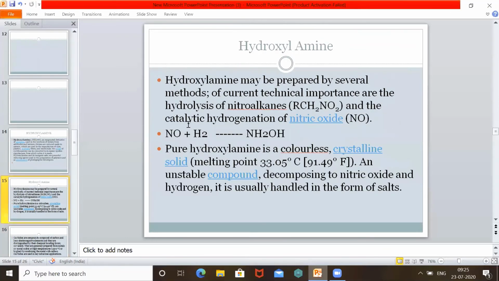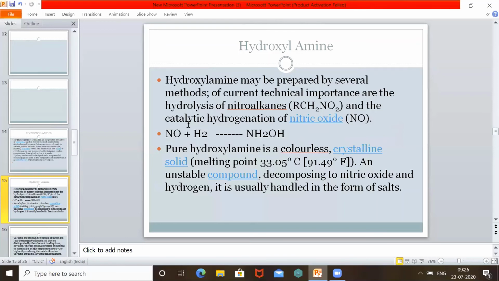So in today's class and today's presentation, you have to remember the nitrides, types of nitrides, what is the importance of nitrogen, what are nitrides. Nitrides are the binary compounds of nitrogen with other elements having equal or less electronegativity. In nitrides, nitrogen will be present in the -3 oxidation state, and there are three types of nitrides: ionic nitrides, interstitial nitrides, covalent nitrides.